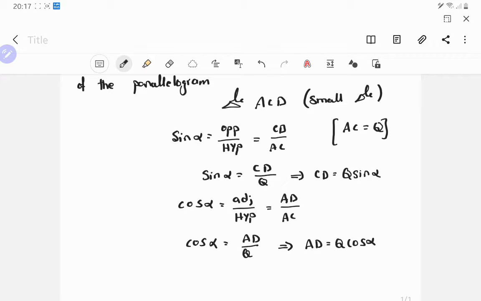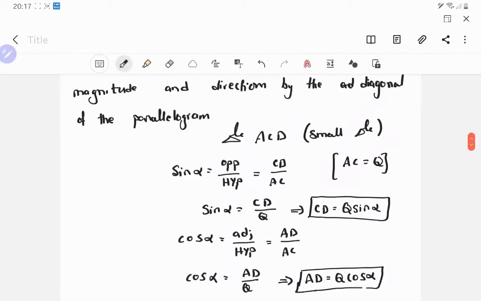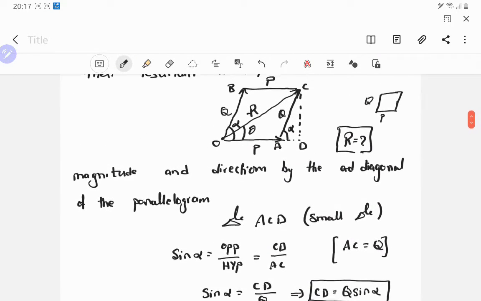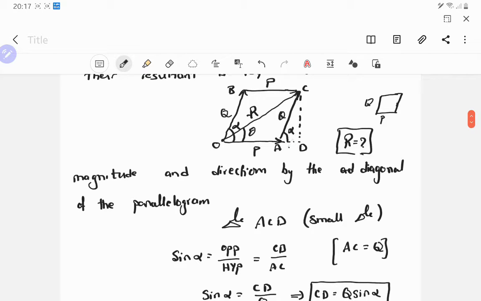Now we have two values here: CD is equal to Q sin alpha and AD is equal to Q cos alpha. This we brought from the small triangle A, C and D.